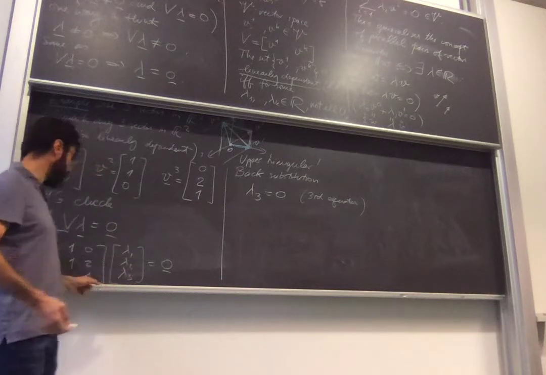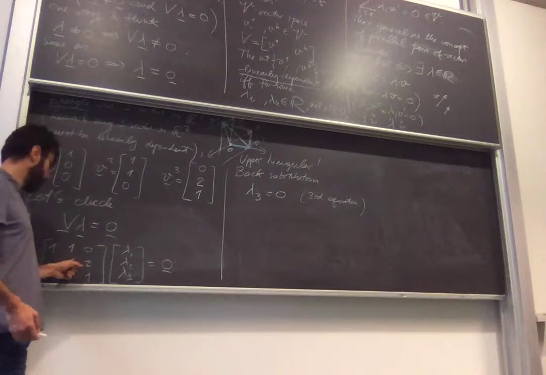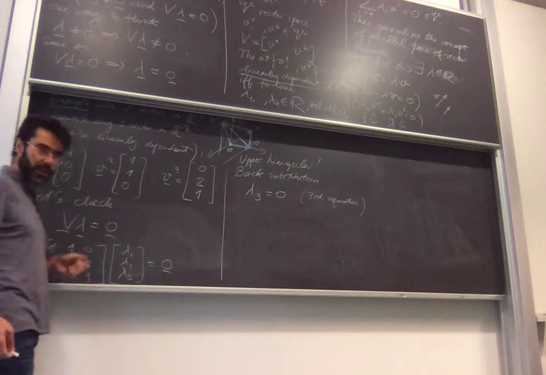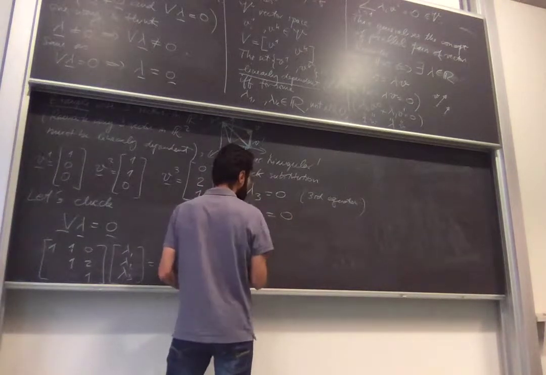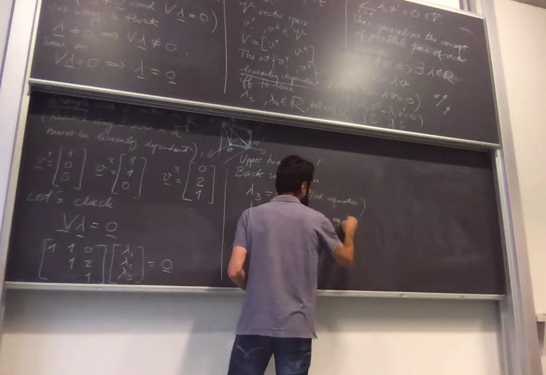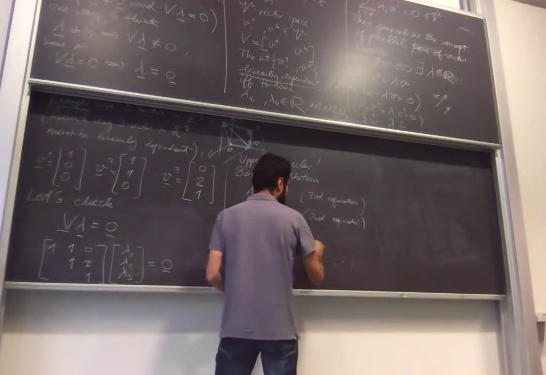Why? Because you already have lambda 3, and you substitute it here. Then you solve for lambda 2. And then you have lambda 2 and lambda 3, and you substitute them in here. That's back substitution. So here, back substitution is not really needed. This is from the second equation. I'm just doing it very, very slowly in order to understand.